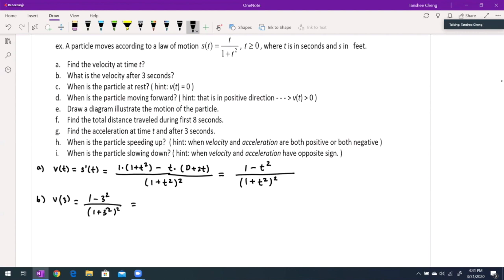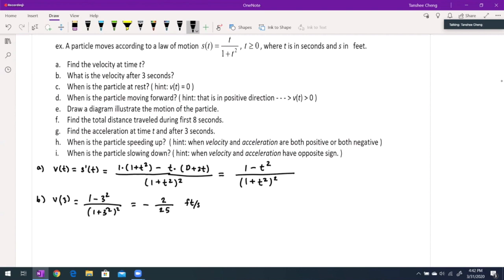After you simplify, that gives me negative 2 over 25. And this is in feet per second.